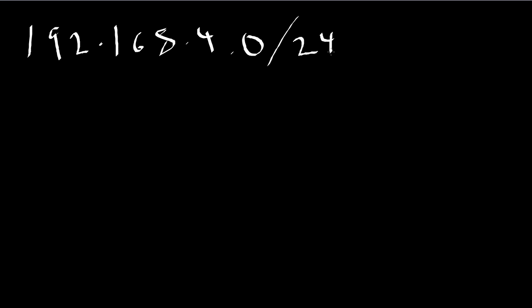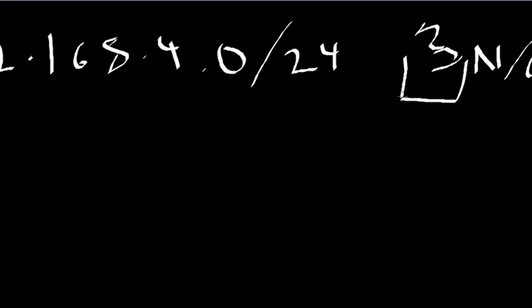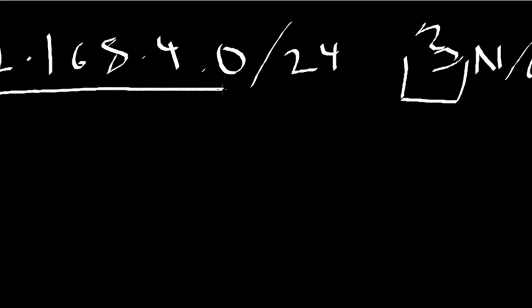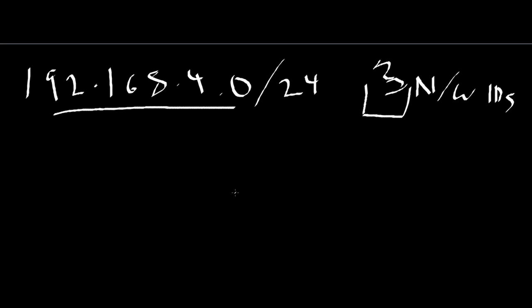Excellent. So we need 3 network IDs from this, right? 3 whole new fresh networks from this. So how do we go about it? First, we can easily get our subnet mask from observing this section of our IP address.